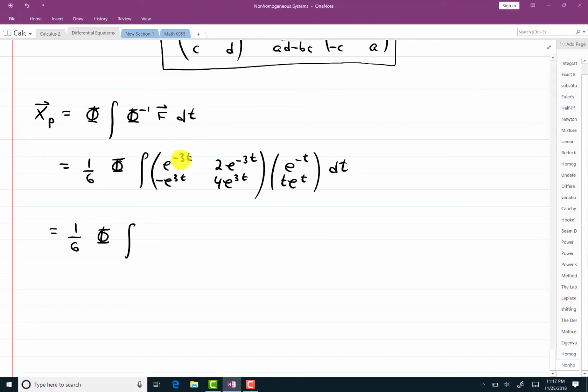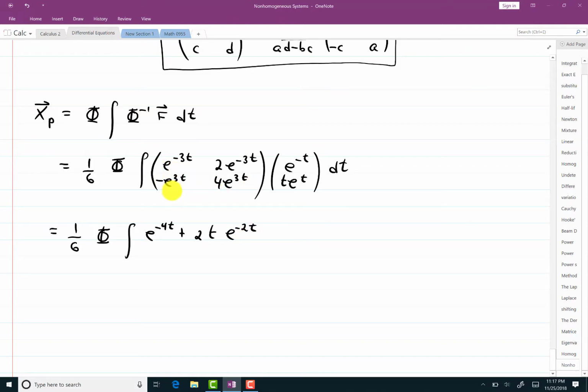So I have e to the negative 3t times e to the negative t of e to the negative 4t plus, and then I'll have 2e to the negative 3t times te to the t. So that looks like a 2t, this is plus 2t e to the negative 2t.